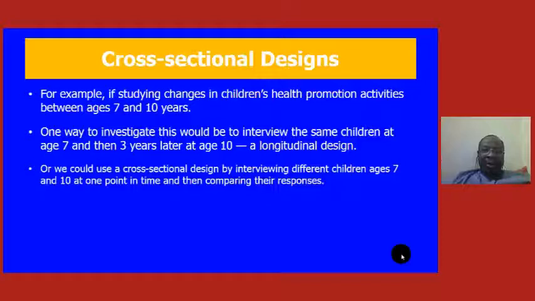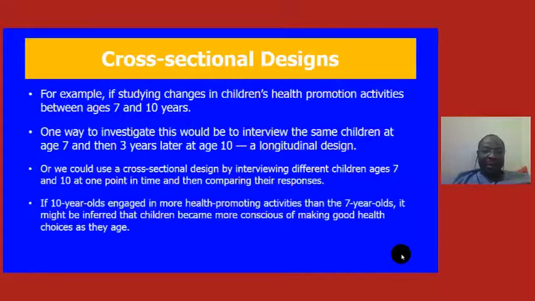Or we could use a cross-sectional design by interviewing different children aged 7 and 10 at one point in time and then comparing their responses. If 10-year-olds engaged in more health promotion activities than 7-year-olds, it might be inferred that children become more conscious of making good health choices as they age.